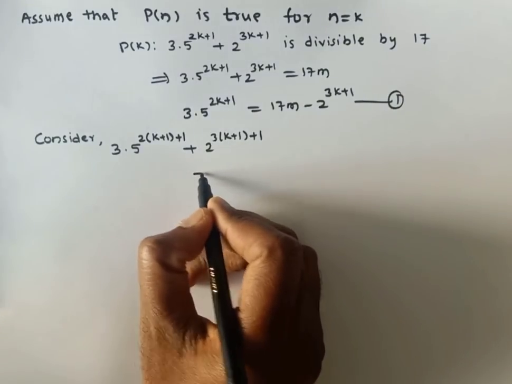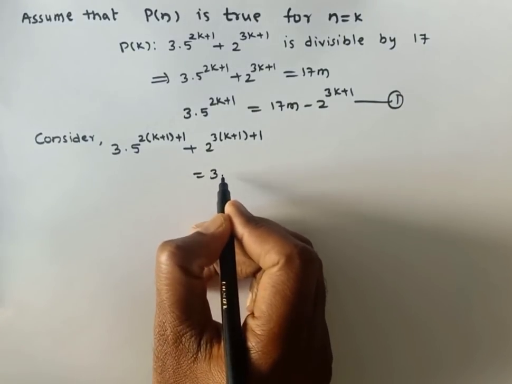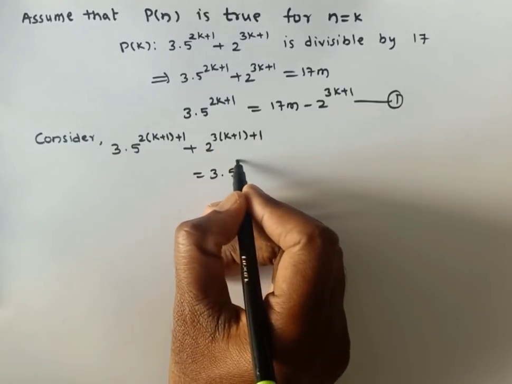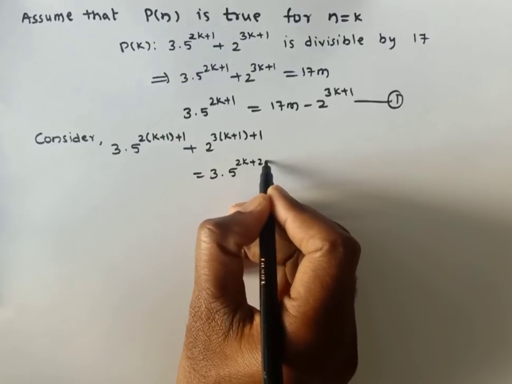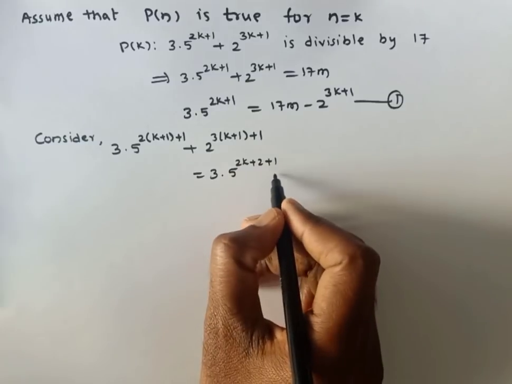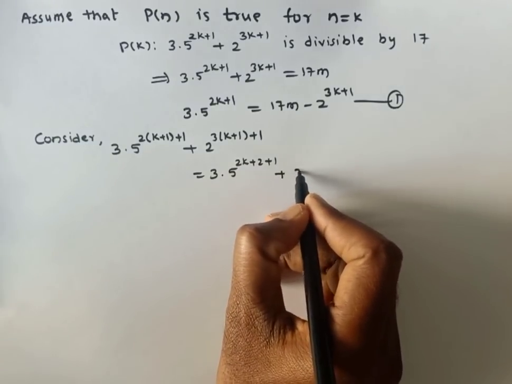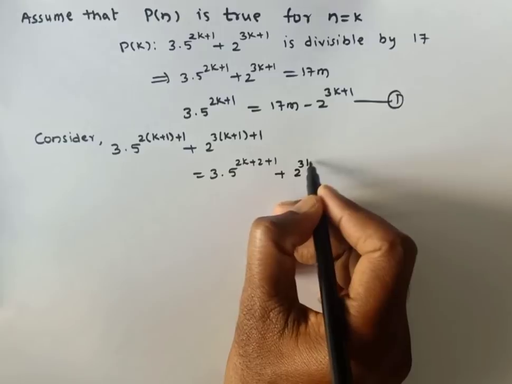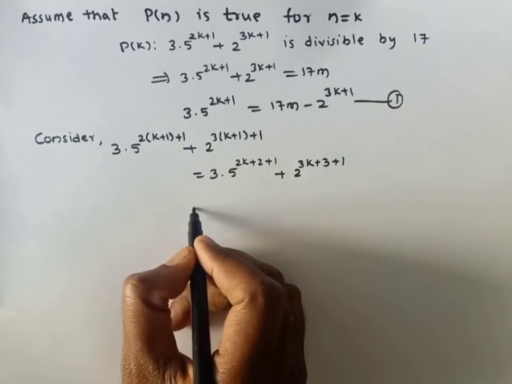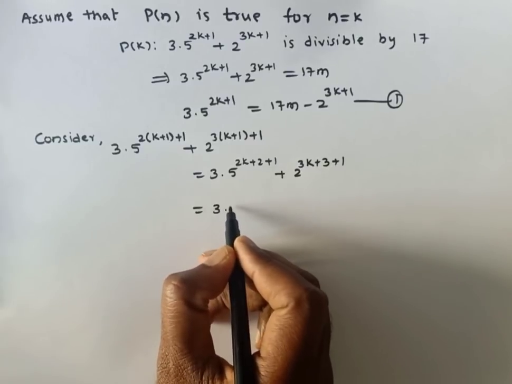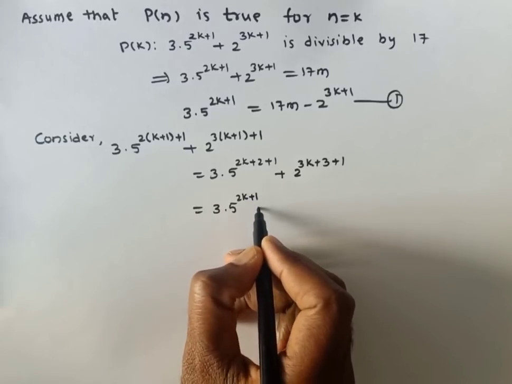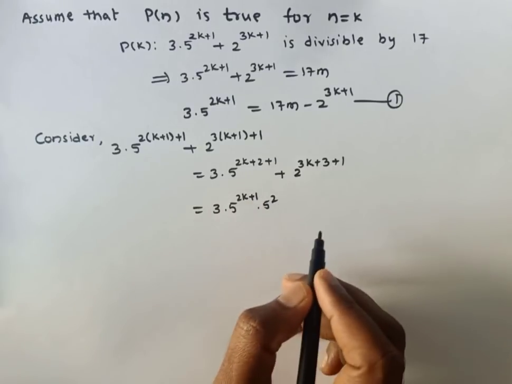Which is equal to 3 into 5 to the power of 2k plus 2 plus 1, plus 2 to the power of 3k plus 3 plus 1. That means it is 3 into 5 to the power of 2k plus 1 into 5 squared.